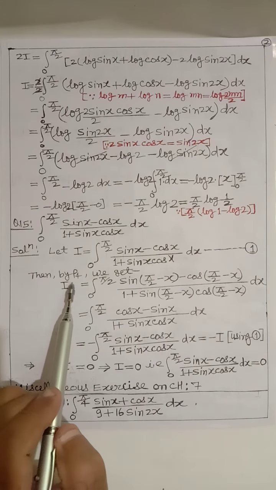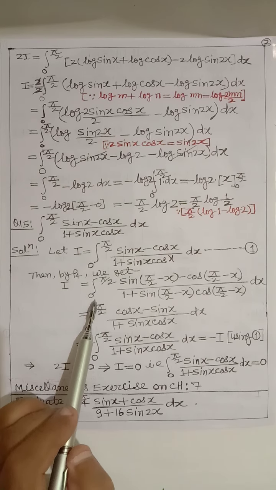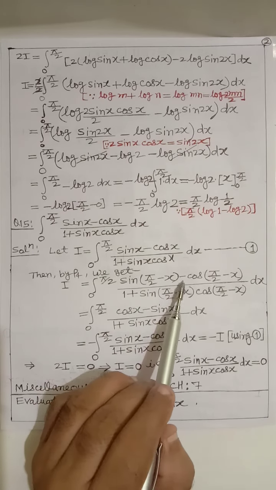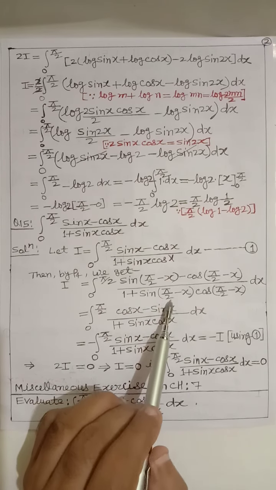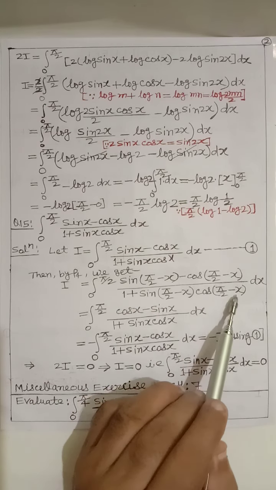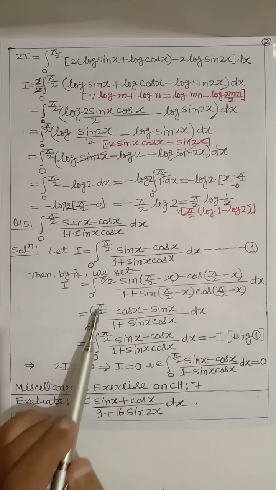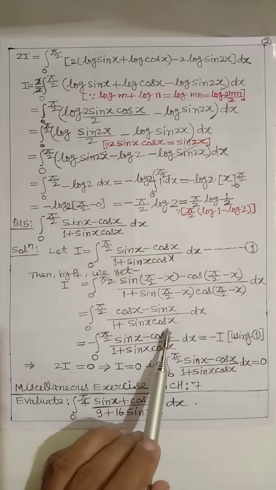Then using property P4, we get I is equal to integration of 0 to pi by 2 of sin of pi by 2 minus x minus cos of pi by 2 minus x by 1 plus sin of pi by 2 minus x cos of pi by 2 minus x dx. And we get integration of 0 to pi by 2 of cos x minus sin x by 1 plus sin x cos x dx.